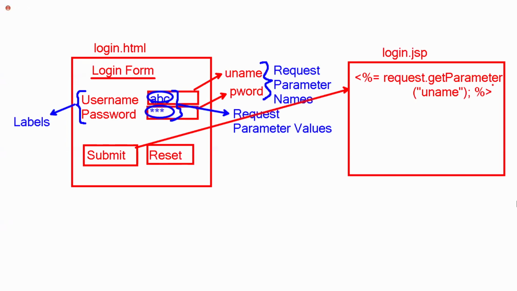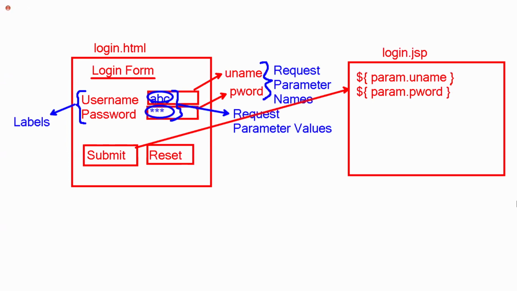Now the new style. This is the new style. Dollar open brace param dot uname. Dollar param dot pword. New style.